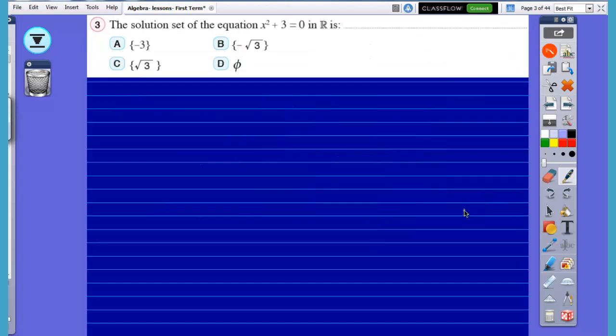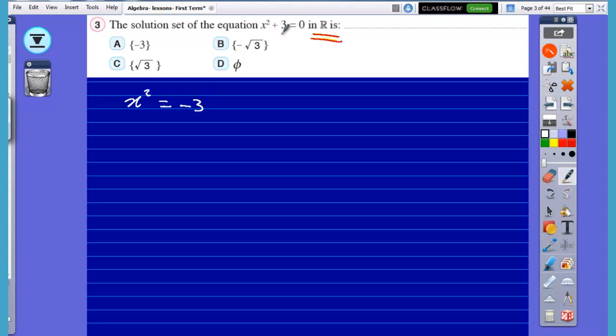Next, question number 3. The solution set of the equation x squared plus 3 equals 0 in R. Here R is the set of real numbers. We have x squared equals negative 3.